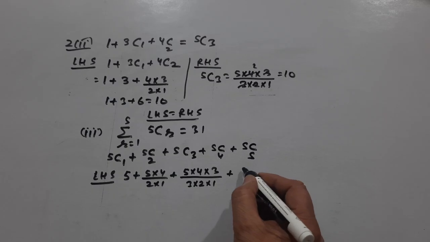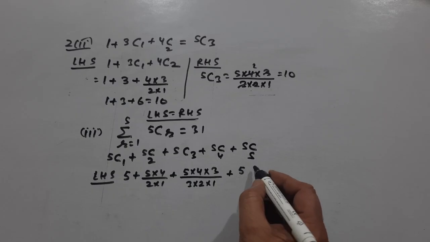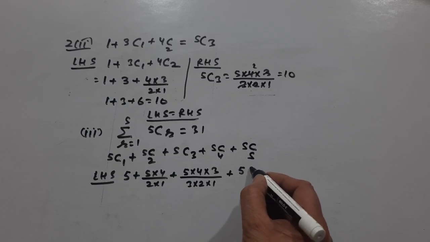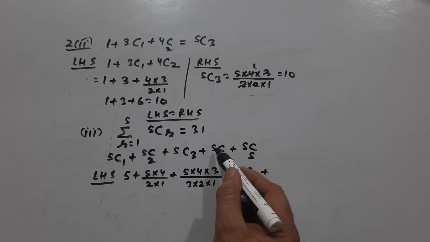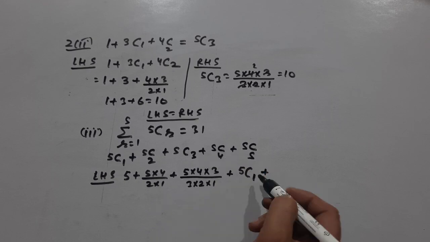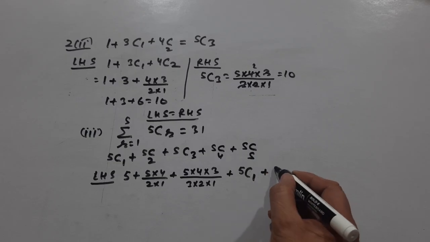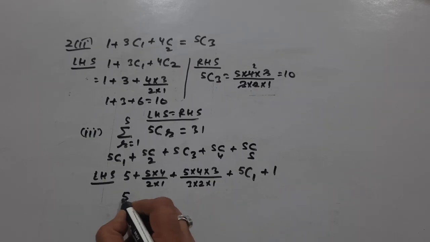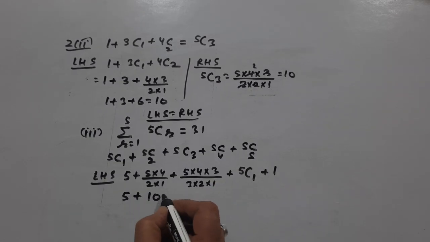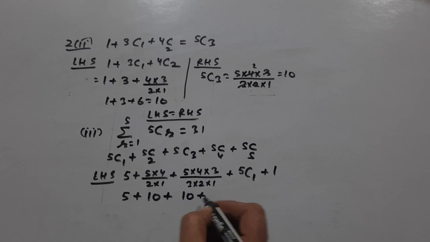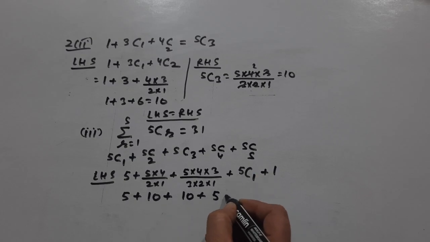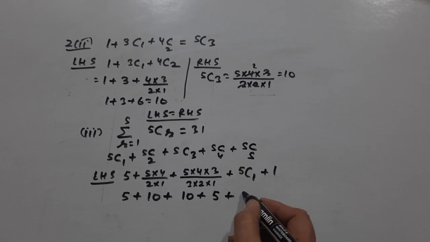And 5C4 is equal to 5C1, because 5 minus 4 is 1. So we get 5 plus 10, and here we get also 10. 5C1 is 5 and 5C5 is 1.